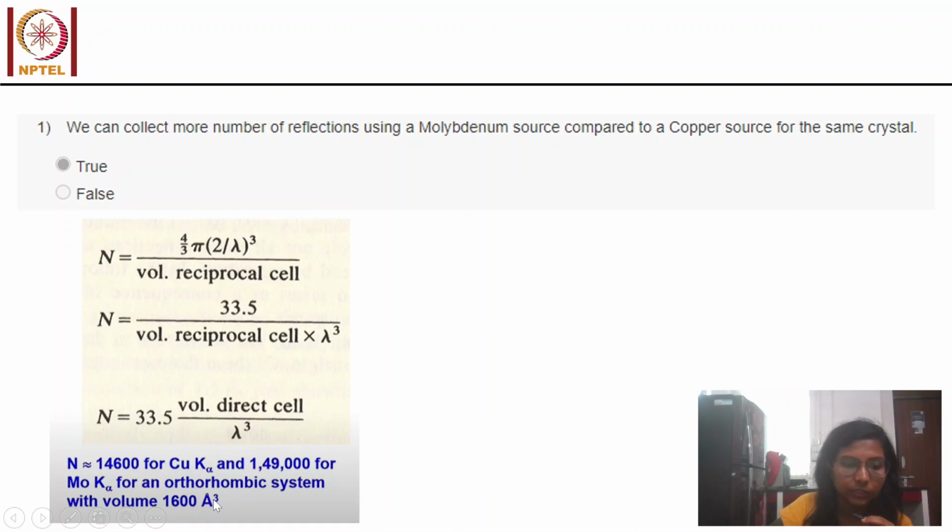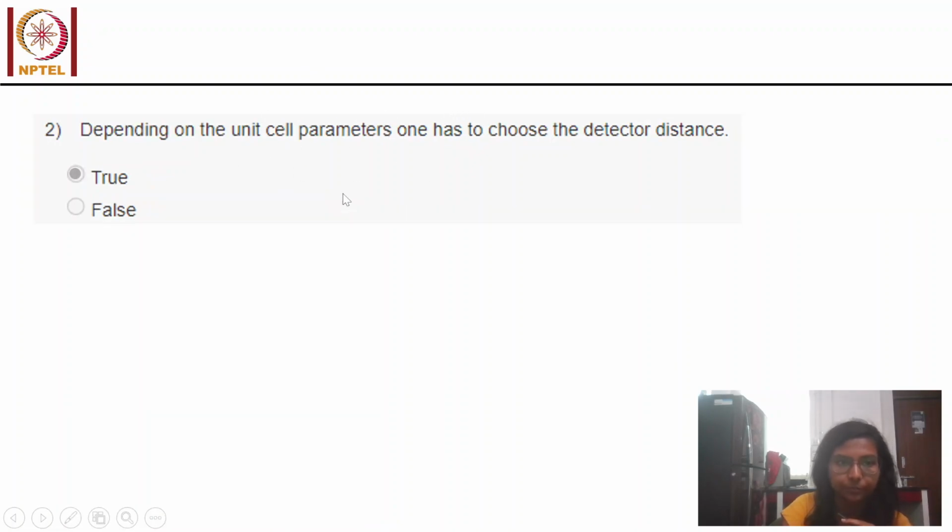However, for the same system, with molybdenum the number of reflections drastically increases to 1,49,000. Hence, you can see the importance of using a molybdenum source compared to a copper source. So this is true: if we use molybdenum, we can collect more reflections.